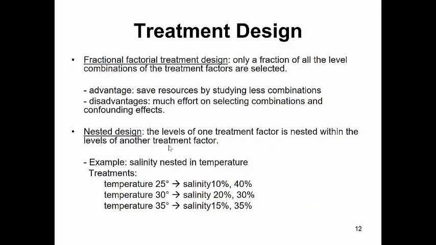There's also a type of design called fractional factorial treatment designs where you only look at a fraction of those combinations. There's an advantage here that you save resources because you're studying fewer combinations, but the disadvantage is there's much more effort in selecting the combinations, and you have what's called confounding effects. So that means that you can't estimate certain effects uniquely.